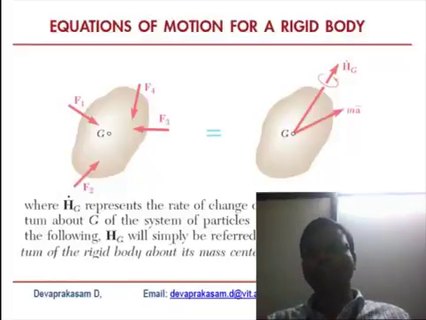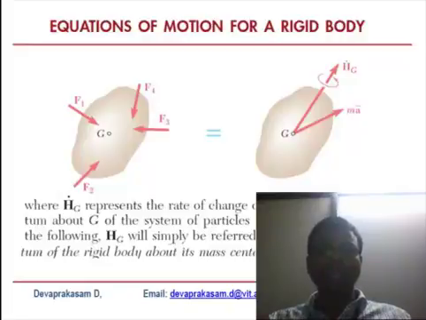You can resolve these forces into a torque about the center of mass and the translational motion of the center of mass, that is M into A, where A is the acceleration of the center of mass. H is the rate of change of angular momentum about G. So the rate of change of the angular momentum of the rigid body about its mass center will be a torque.